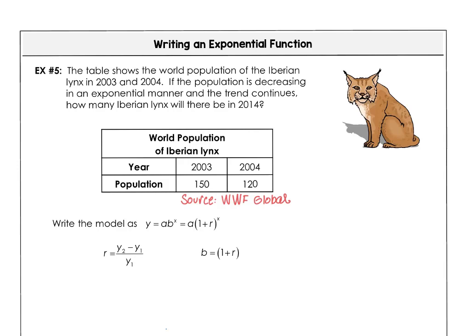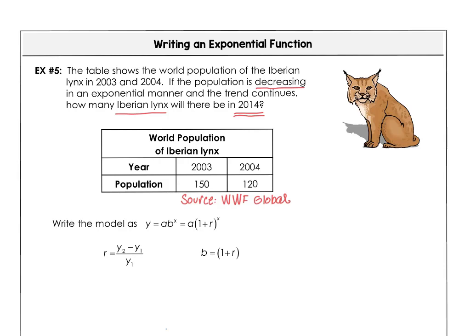So we want to write an equation. If the population is decreasing in an exponential manner and that trend continues, we want to know how many Iberian lynx there will be in the year 2014. And then I guess you could go check to see what actually happened in 2014.